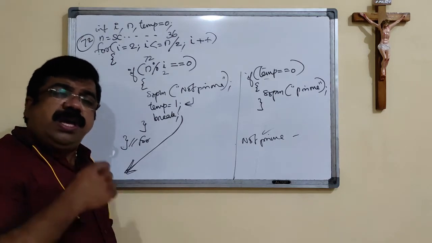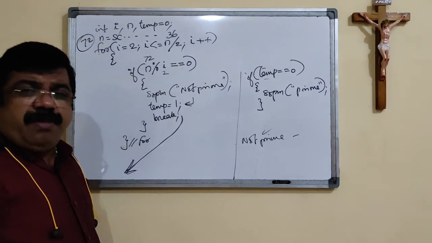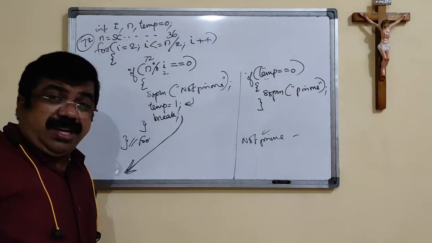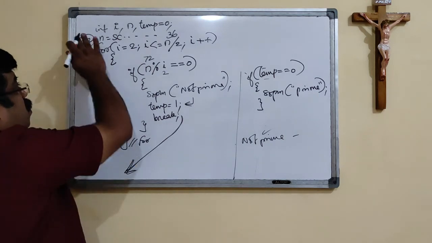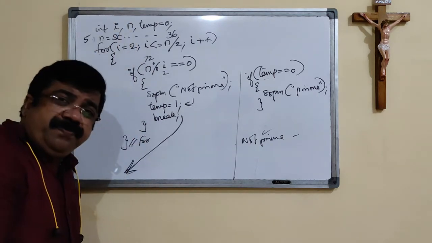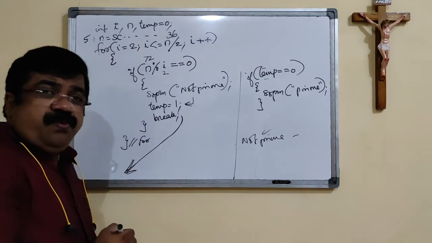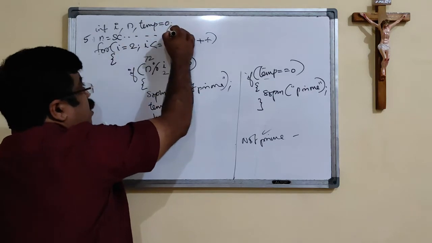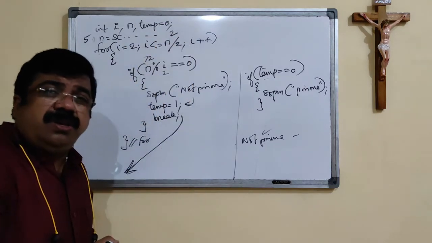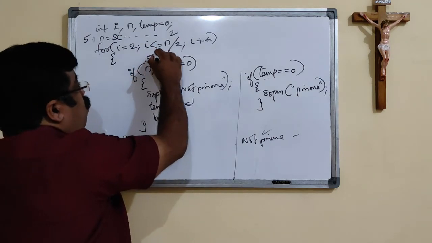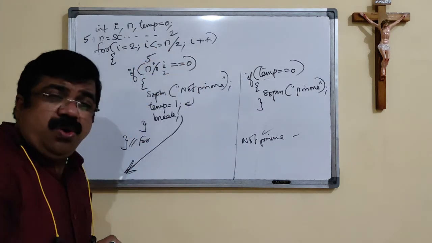Okay, now let us take another example. We can take a prime number for the execution, to see whether it is successful or not. Yes, we input 5 as the number. i equal to 2, i less than or equal to n by 2, which means 5 by 2, it is 2.5, it is 2 only, almost. 5 modulus 2 equal to 0?